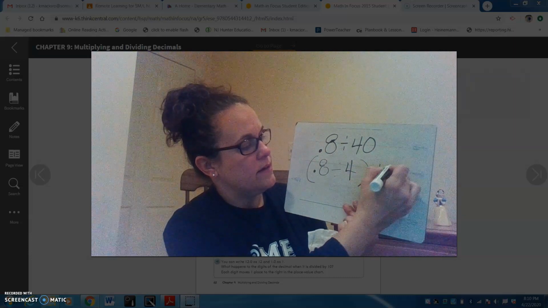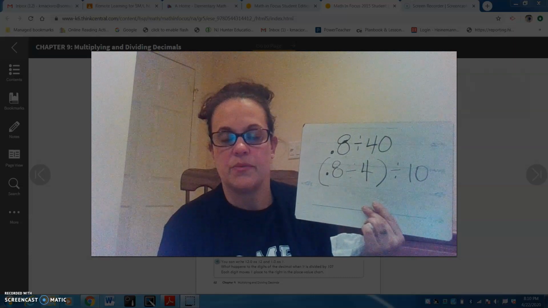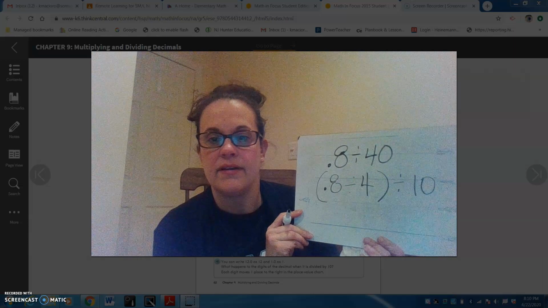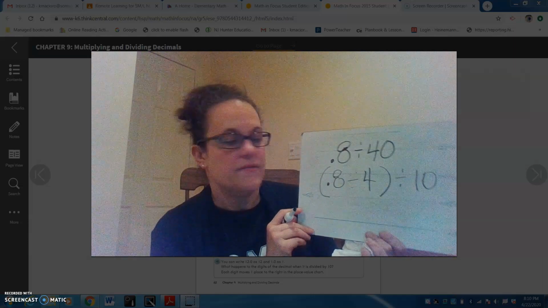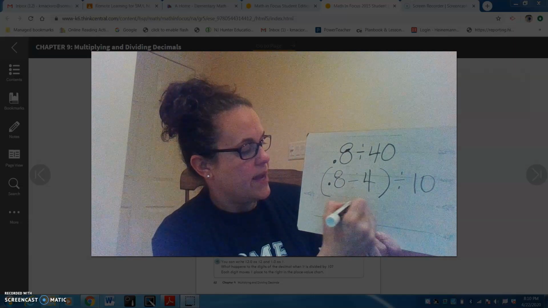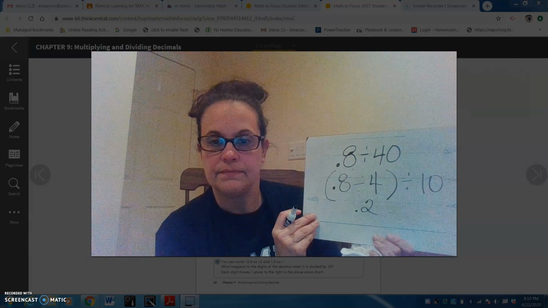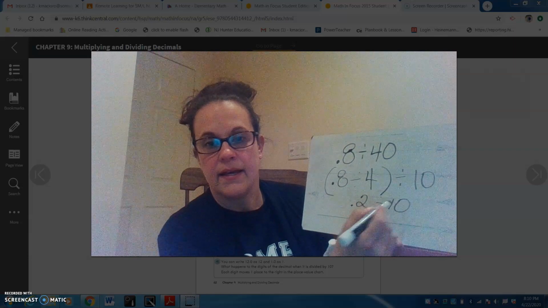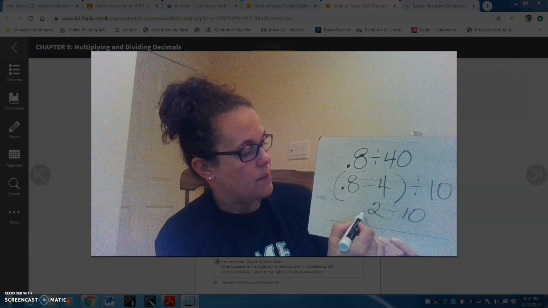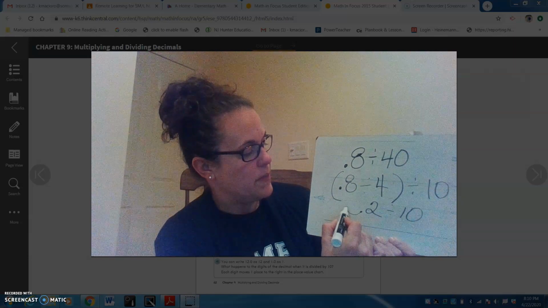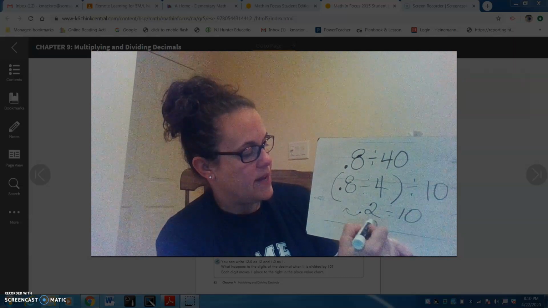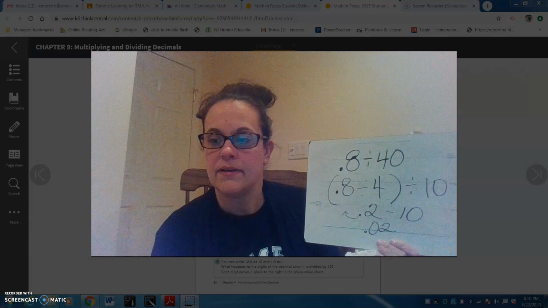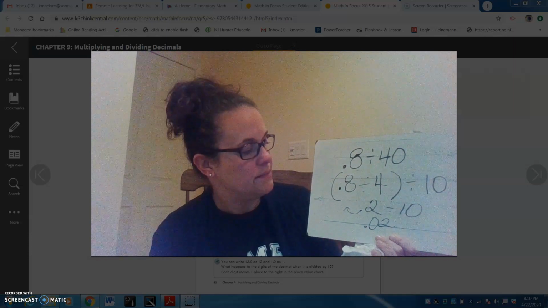And then I'm going to divide the whole thing by a group of 10. So now, 8/10 divided by 4, I have 2/10. And divide that by 10. And remember, that moves over one space. I have to have a place value, a placekeeper, and I have 2/10.